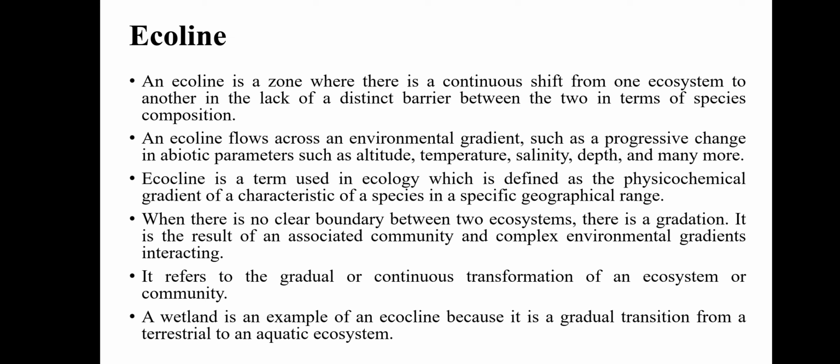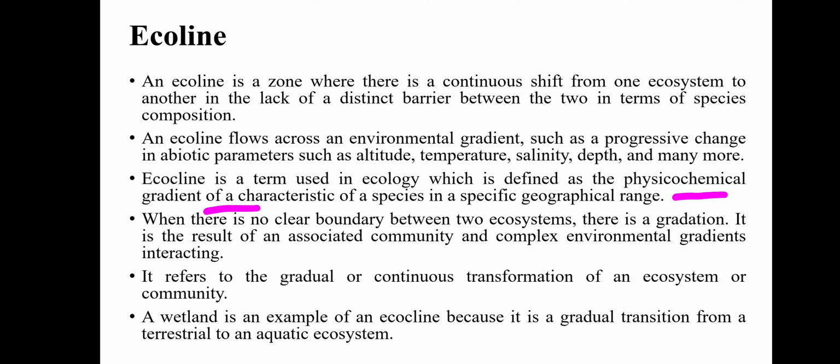An ecoline flows across an environmental conditions gradient such as progressive change in abiotic parameters such as altitude, temperature, salinity, depth and many more. An ecoline is a term used in ecology which is defined as physiochemical gradient.